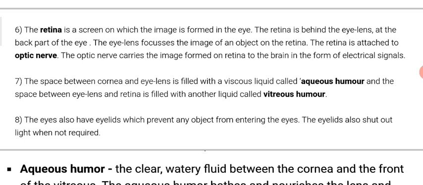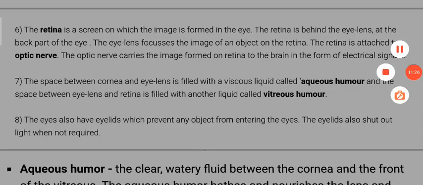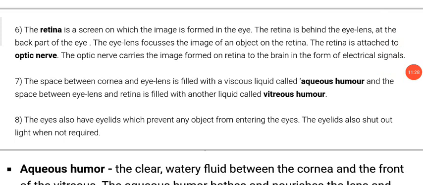The space between the cornea and the eye lens is filled with a viscous liquid called aqueous humor, and the space between the eye lens and the retina is filled with another liquid called vitreous humor.